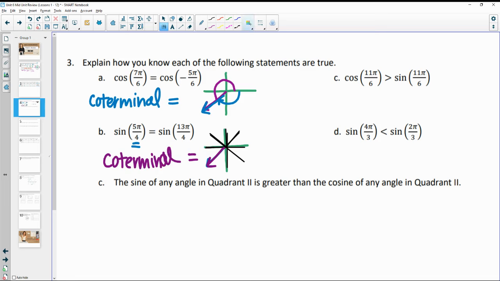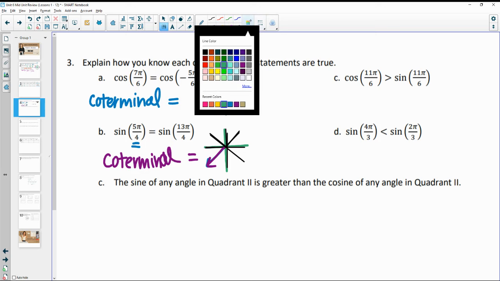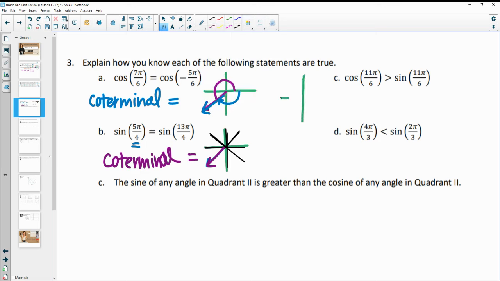Part C, why is cosine of 11 pi over 6 greater than sine of 11 pi over 6? So 11 pi over 6, if we think of splitting this into 6, this would be 6. This would be 12 pi over 6, so that's going to be right before here. So here's that angle. This angle is at a positive x coordinate and a negative y coordinate.